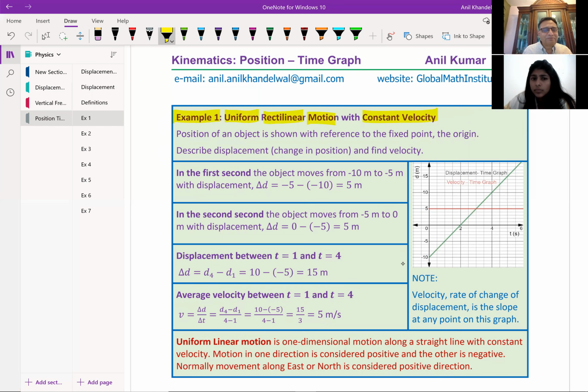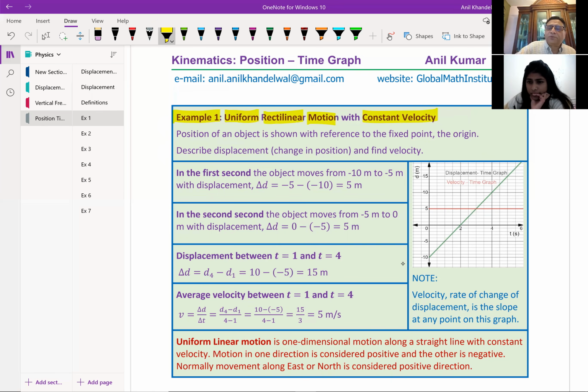Is that clear to you? So that is what we are assuming. And the time is the major factor. Time is always changing. We are always checking the position of the particle moving along the x-axis from a reference point.